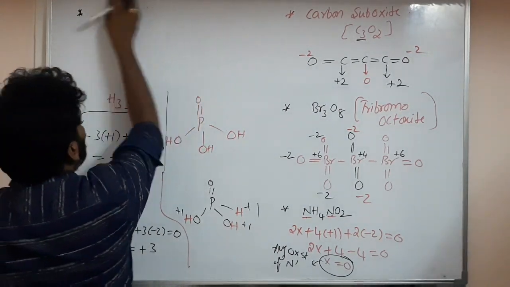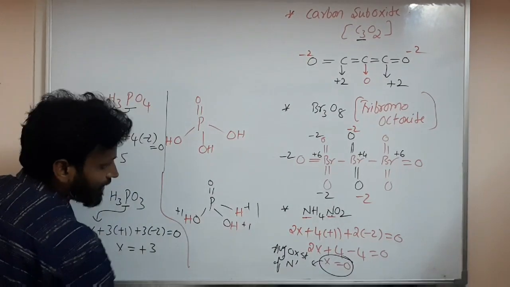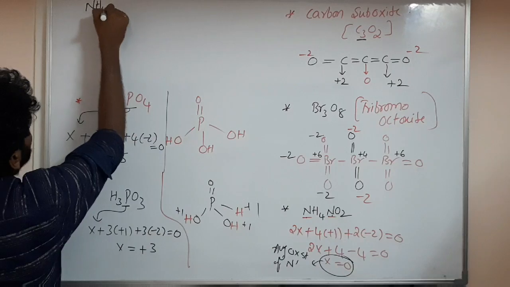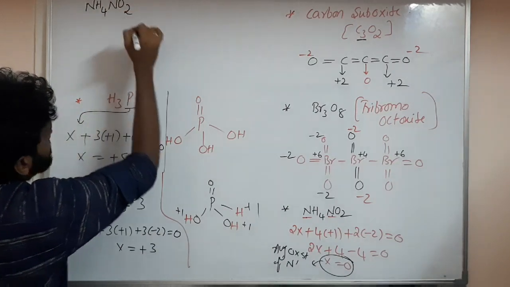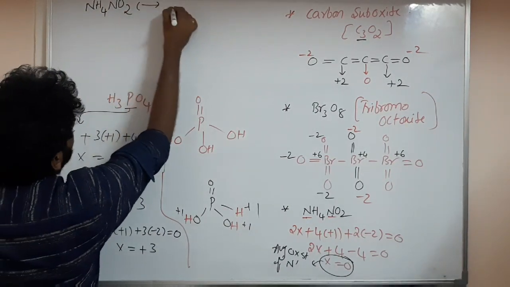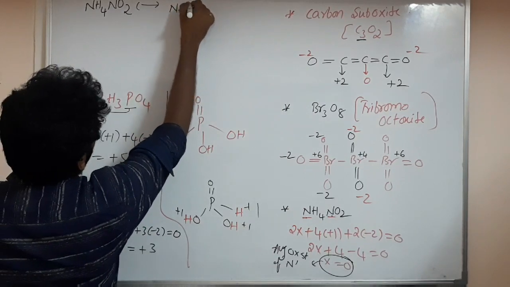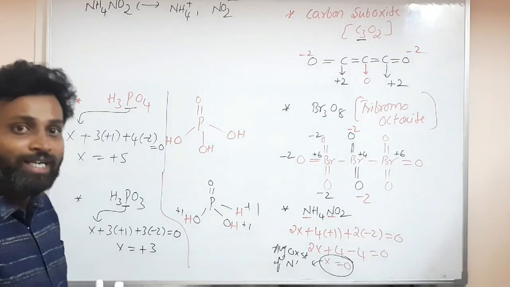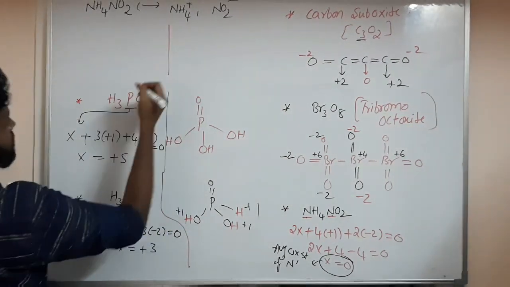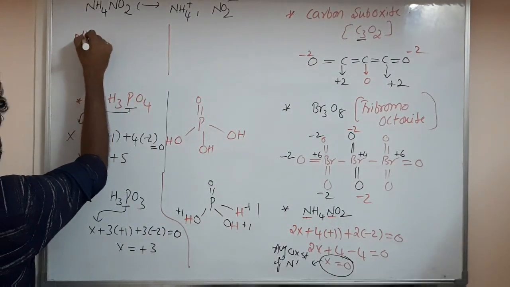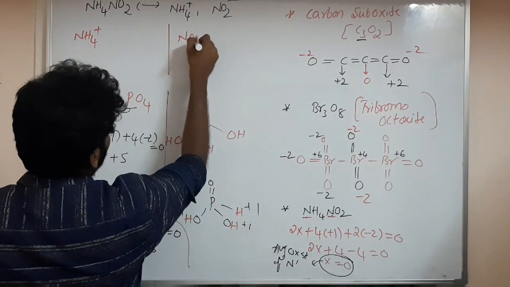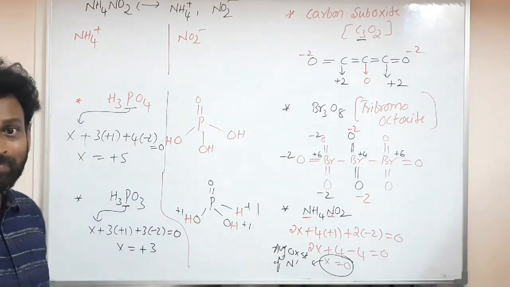Okay. Now I will calculate the nitrogen oxidation state individually. NH4NO2 means it is ionic: NH4 plus and NO2 minus. So 2 ions you have to consider, one is NH4 plus and one is NO2 minus.